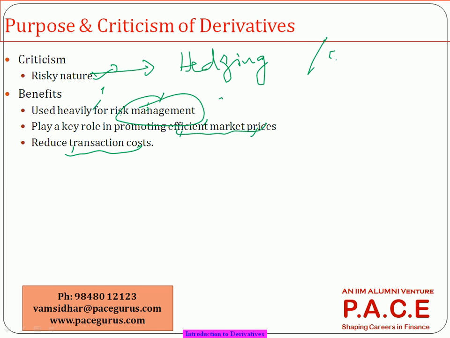But if you get into the derivatives market with an intention of speculation, then it's as good as investing your money in a stock market. In a stock market, probably your losses may not be that heavy, whereas in the derivatives market, because of very small margins, the gains or losses could be very drastic.